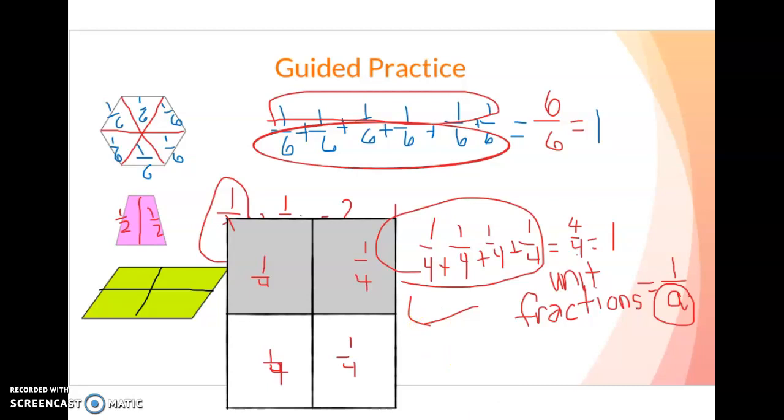Okay? So now I want to show you another way that a fraction can be decomposed.